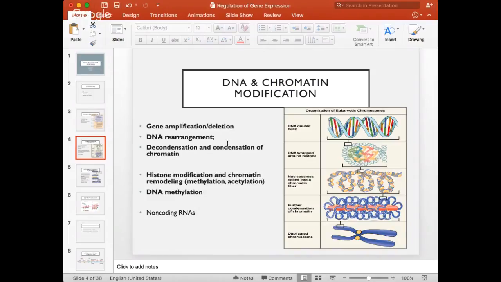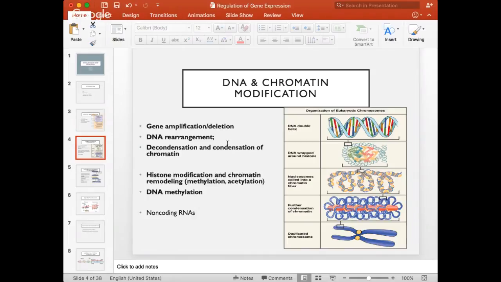Also, rearrangement of a gene can cause an enhancer and a promoter to come in close proximity so that transcription is initiated. In a couple of slides, I will explain generally where the enhancers and the promoter are located in a gene and how far apart they are from each other.